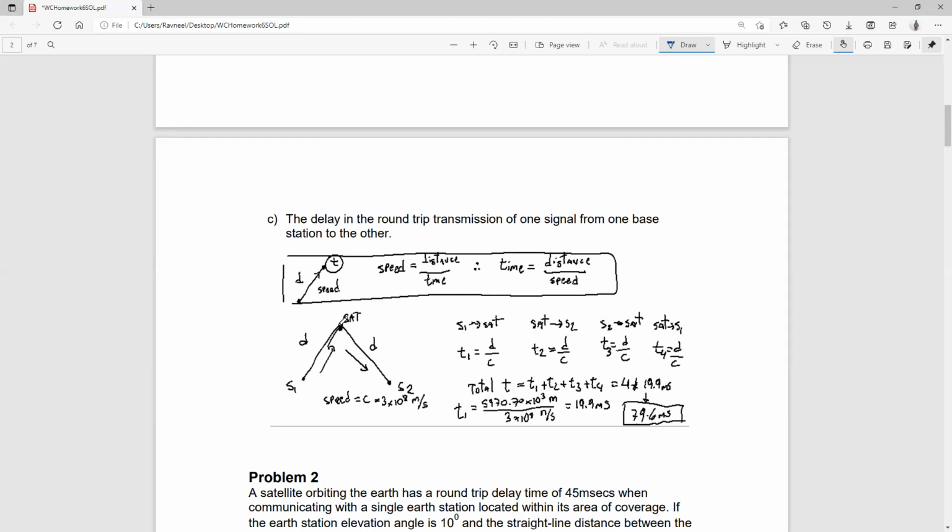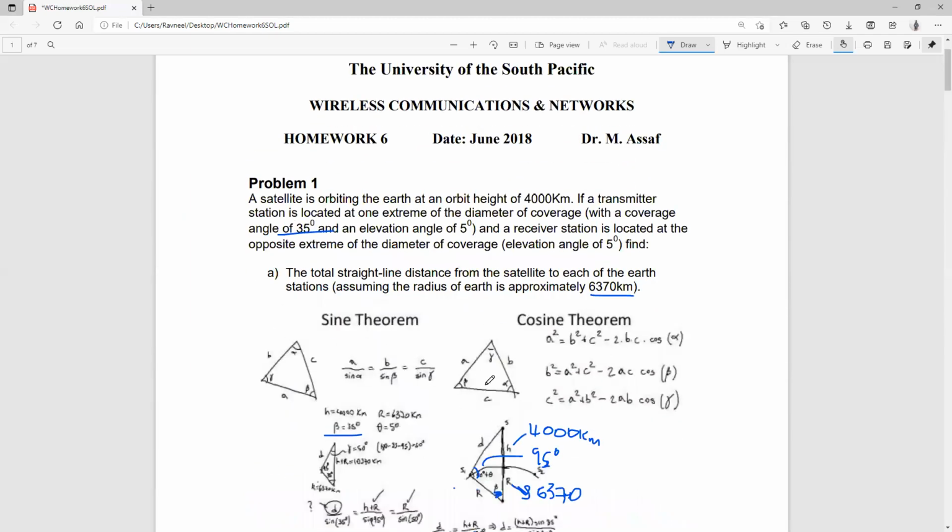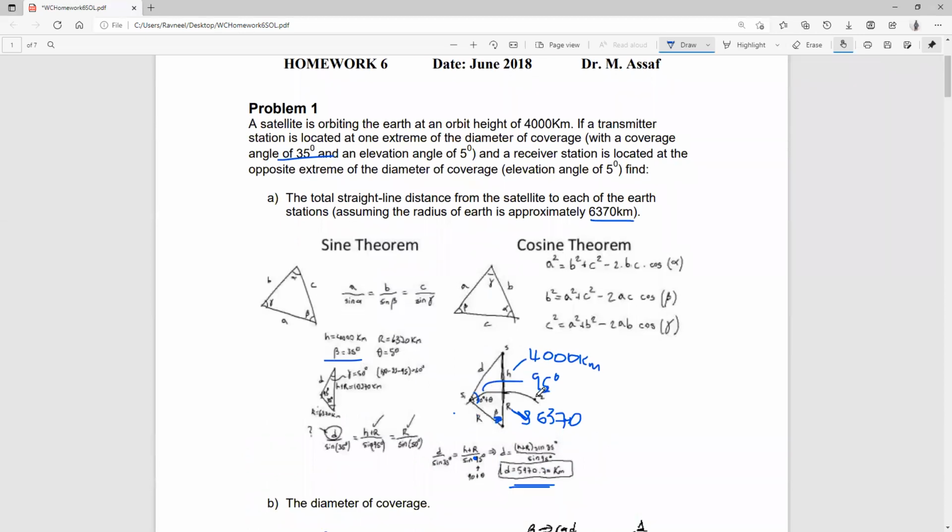Then there will be a delay from satellite to S2, right? Again, this D is the same as this D. Remember, over here, since the angle of elevation is the same for both sides, the distance between the satellite and one station is equal to the distance between the satellite and the other station, right?